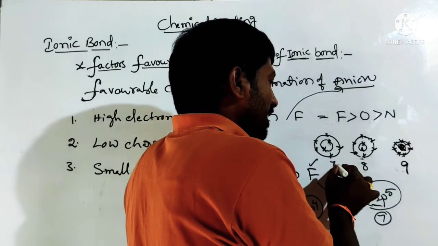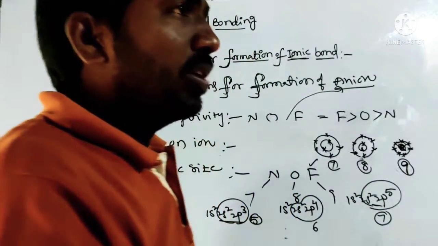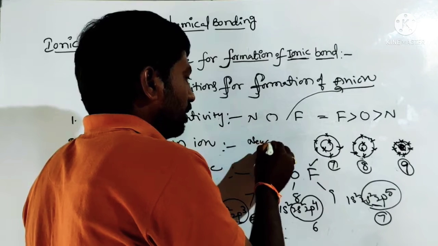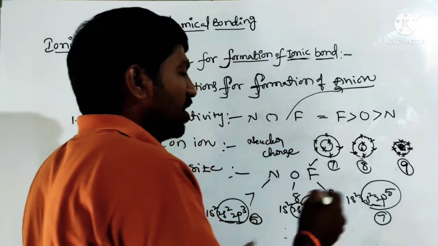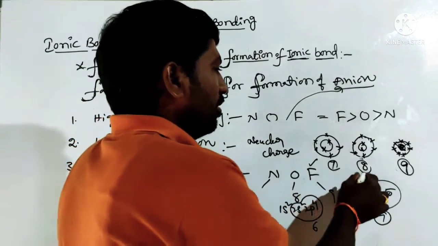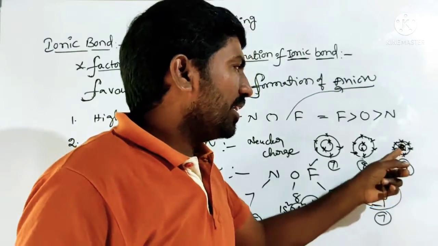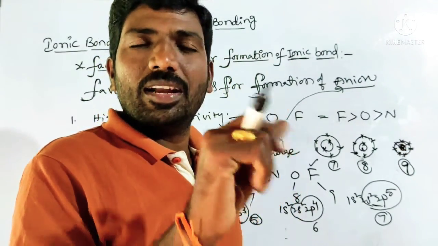That means 7, 8, 9. This we will call nuclear charge. Which is more? 9 is more. So nuclear charge is more here because fluorine has atomic number 9.